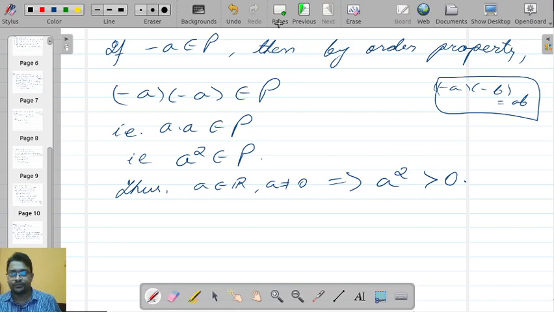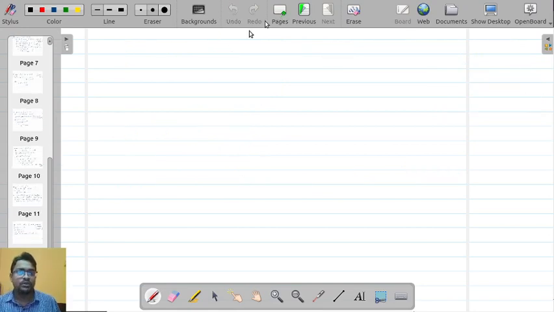Now the next one, 1 greater than 0. How will I prove 1 is greater than 0? We have 1 belongs to R, and 1 is 1 square. 1 belongs to R and 1 is non-zero, so we will just use the earlier property.